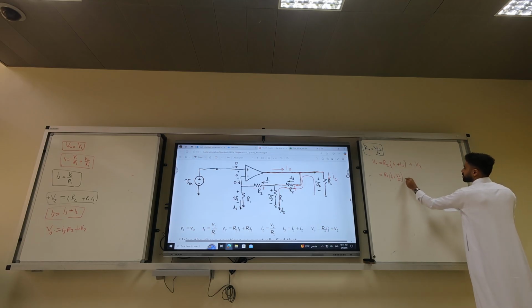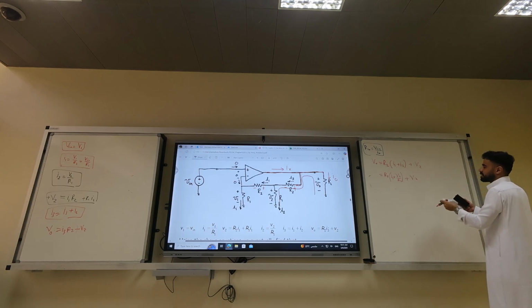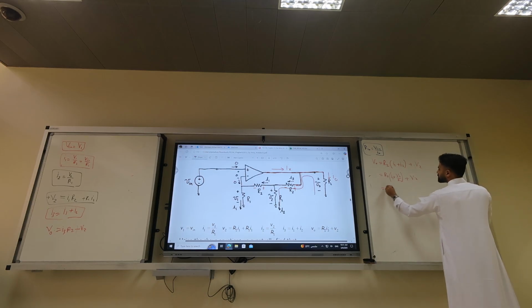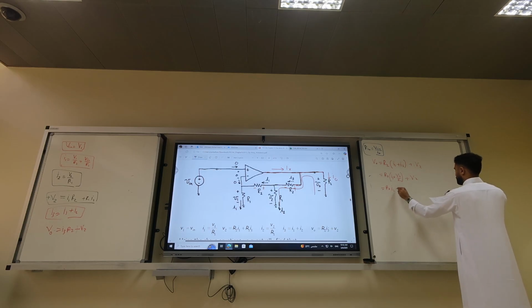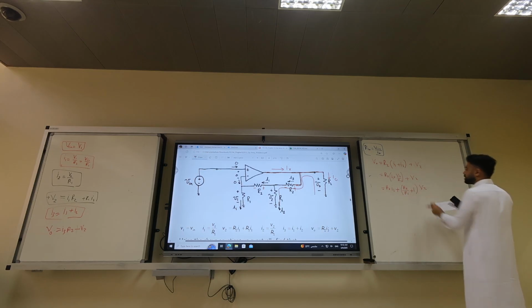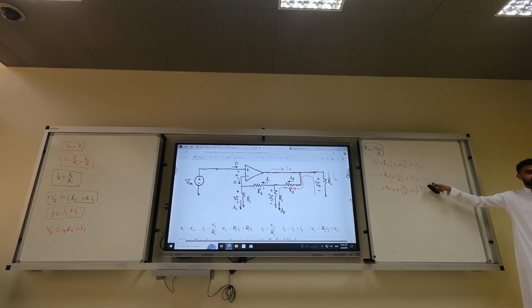So this is plus V2. Get it? What I'm going to do right now is I'm going to call this R2 I1, plus R2 over R1 plus 1 V2. Do you see the mathematical trick that I did? Yes. You guys love algebra. I don't like it.